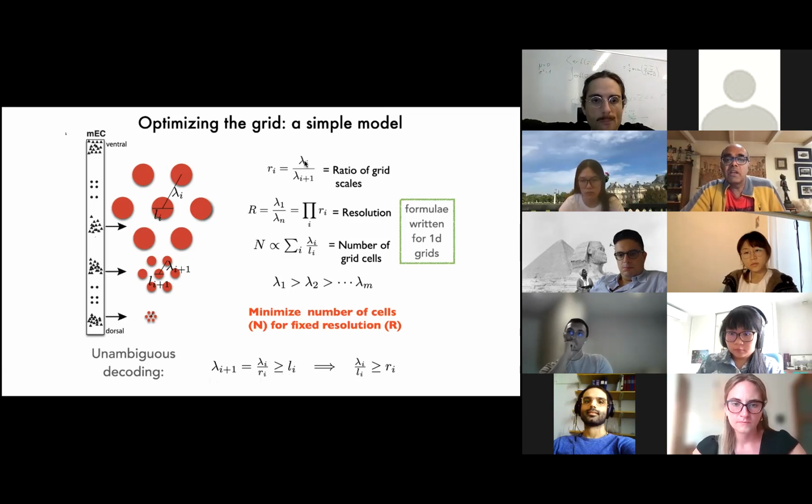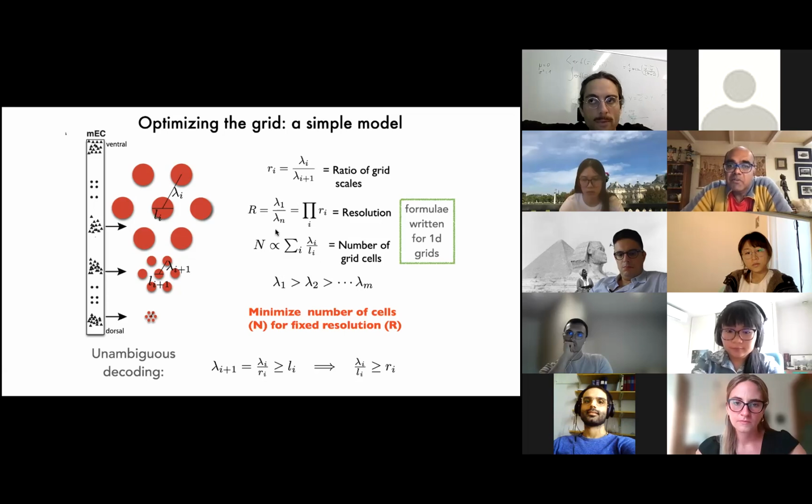But according to this definition, the period at the scale i plus 1 is the period at the scale i divided by this ratio of grid scales. So that translates into the constraint that the period at a given scale divided by the width of the firing field at a given scale must exceed the ratio of grid scales. That's the constraint we have. Now look what happens.